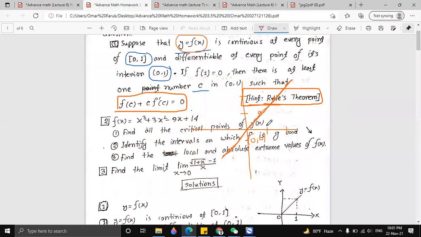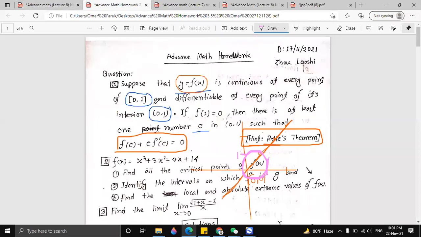Let me change the color. So we have 1 here, and y is also equal to 1 here, right? We are considering only this part, because in our question the interval is from 0 to 1.